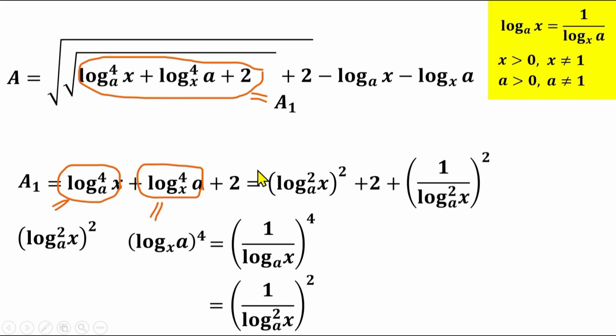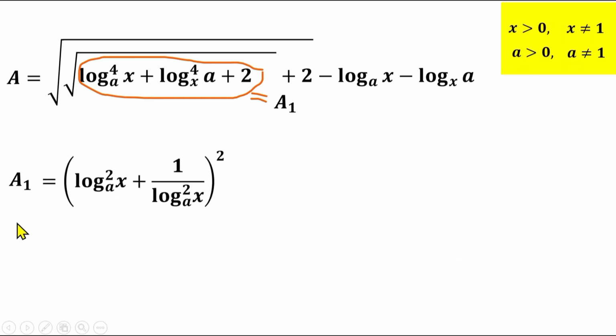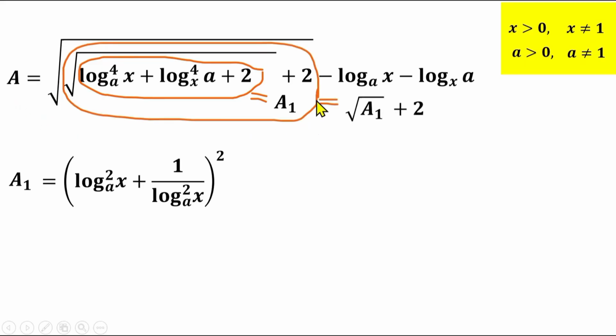We can see that these three terms can be represented as a square of this sum, and this gives us the answer for A1. Now we can return to A and consider the radicand for this square root. It is equal to the square root of A1 plus 2, and let's find the square root of A1.